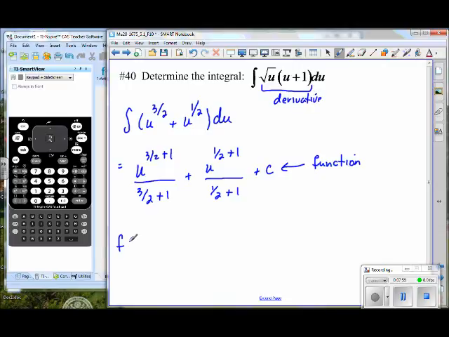So we have f of u equals, and this is going to be u to the 3/2 plus 2/2, or u to the 5/2, divided by 5/2, plus u to the 1/2 plus 1, that's 1/2 plus 2/2, so that would be u to the 3/2 divided by 3/2 plus c.